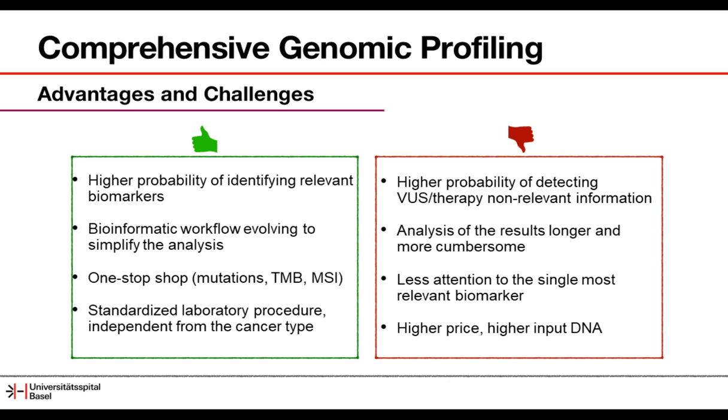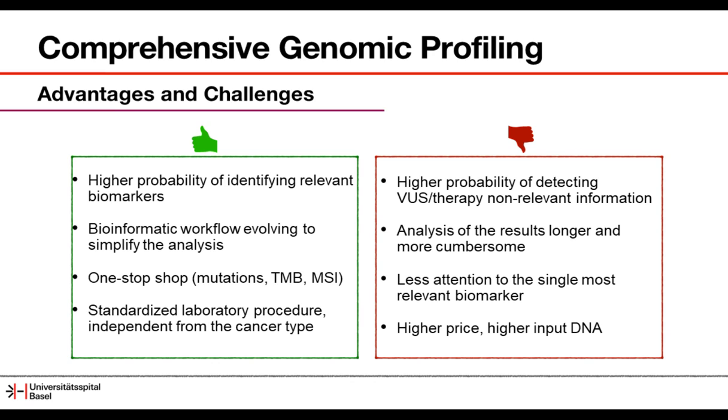So to conclude, I would like to briefly discuss the advantages and the challenges of comprehensive genomic profiling. Among the advantages, we can have a higher probability of identifying relevant biomarkers by doing broader genomic analysis. However, there is also a higher probability of detecting variants of unknown significance as well as therapy non-relevant information.